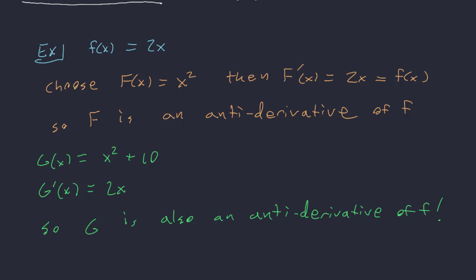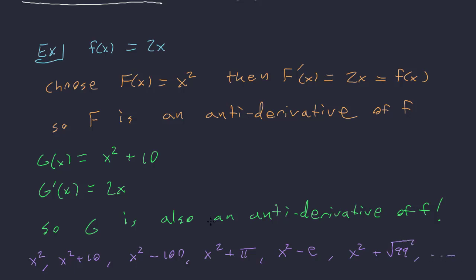In fact, we can make as many antiderivatives of little f as we want. We already found x squared plus 10. We could do x squared minus 100, x squared plus pi, x squared minus e, x squared plus the square root of 99, on and on and on.